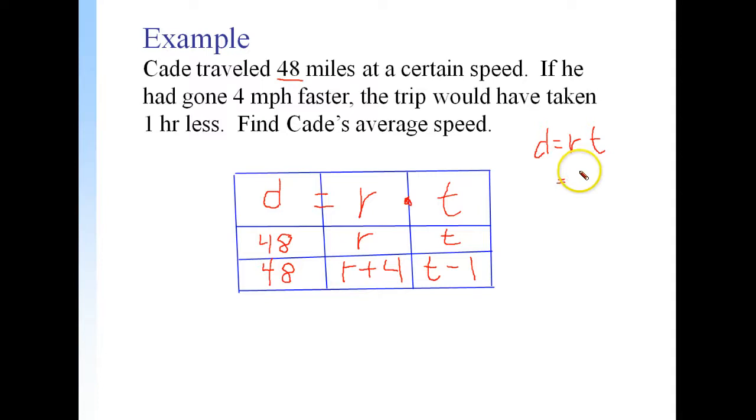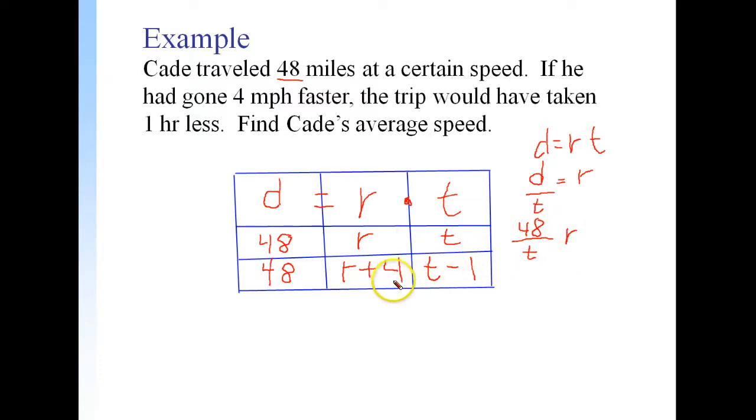Well, rate is going to equal distance divided by time. So what is our rate for this one? Well, it's going to be 48 divided by time. This is what r is.